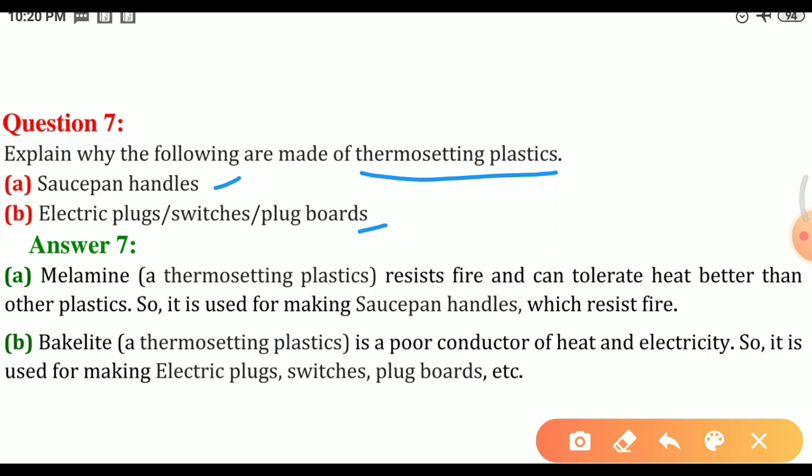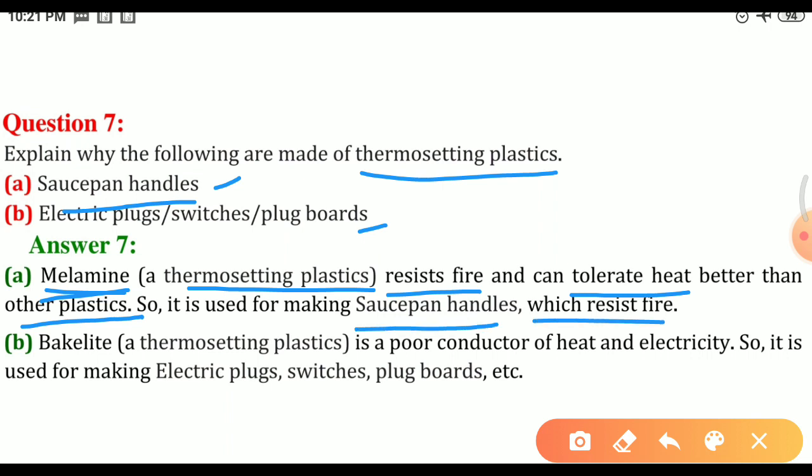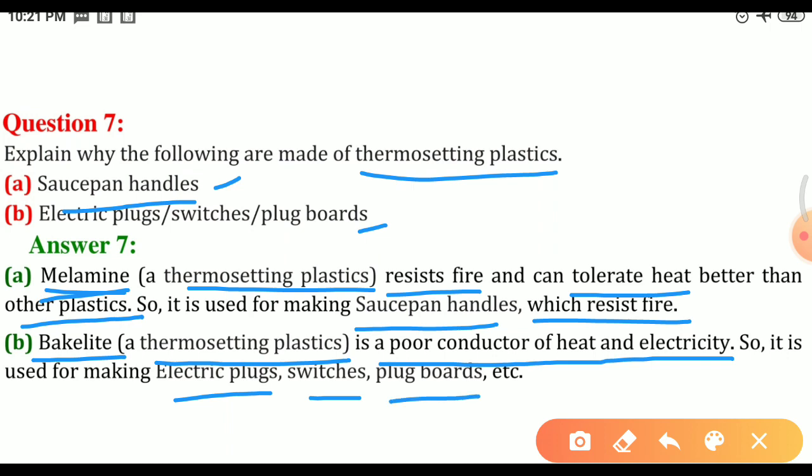So saucepan handles are made of melamine, which is a thermosetting plastic, resists fire and can tolerate heat better than other plastics. So it is used for making saucepan handles. Then B is bakelite. Bakelite is also a thermosetting plastic and it is a poor conductor of heat and electricity. So it is used for making electric plugs, switches and plug boards.